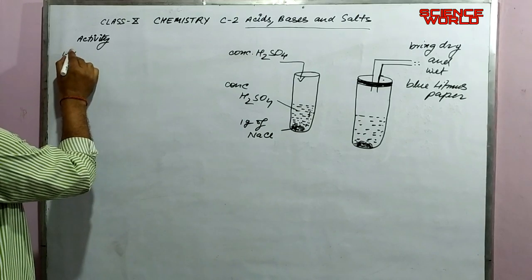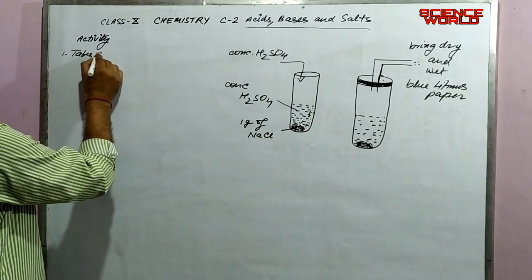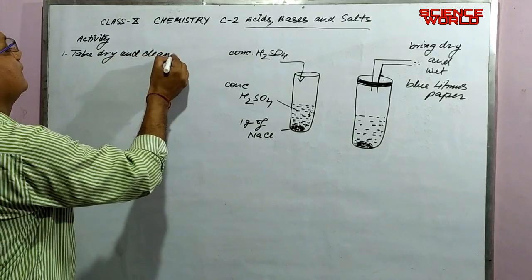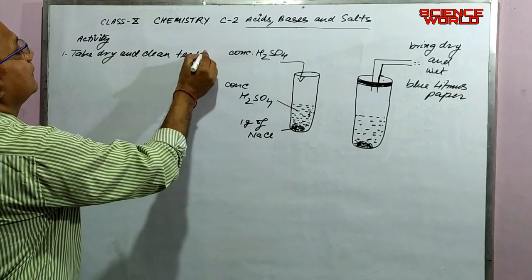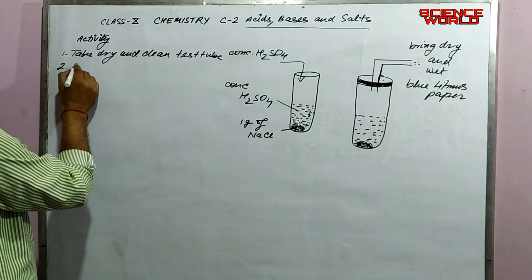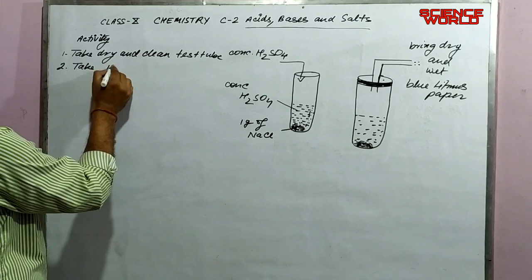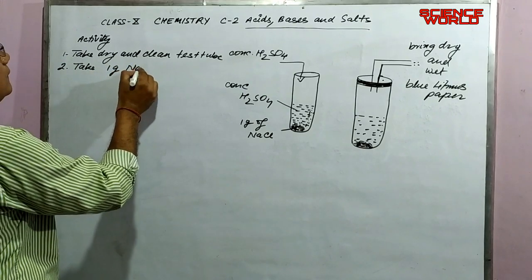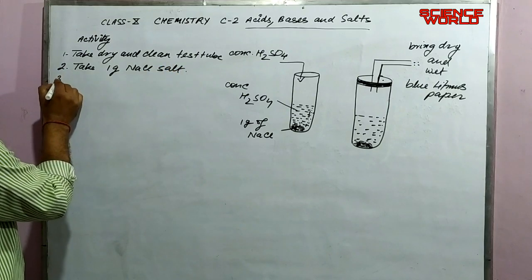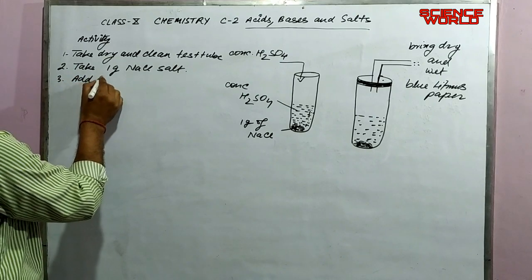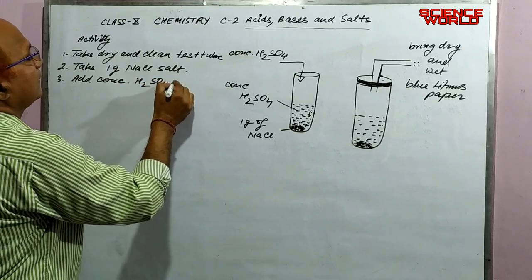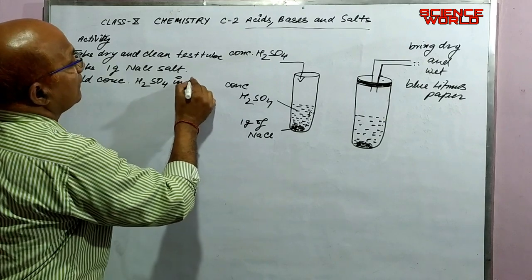First of all, take a dry and clean test tube, take 1 gram sodium chloride salt in the test tube and then add concentrated sulfuric acid in the test tube.